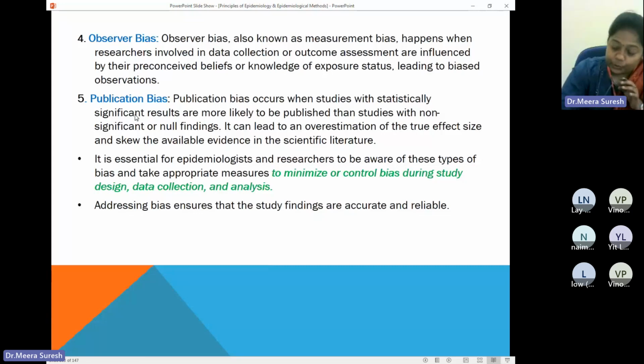Even the negative result is also a result. But then publications will be more interested if there is a positive association. They won't be much interested if there is no association. Not all, but sometimes. So you know that to get this article published, you have to manipulate. So then you manipulate it, which is also an error.